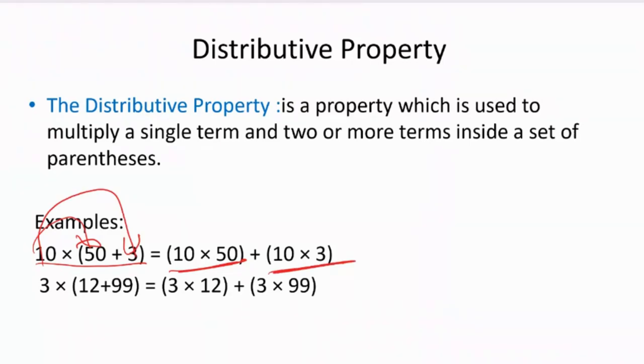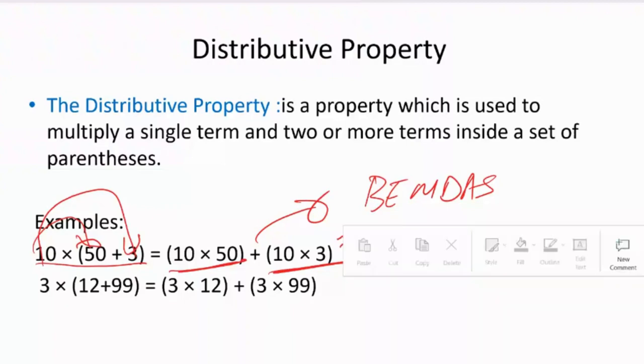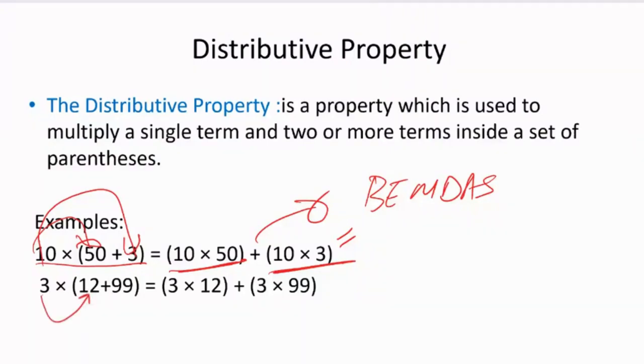From here, we apply this horrible PEMDAS. Can you see how these things are pulling each other together? If you were to solve here, you would apply PEMDAS. Okay. Here, distribute this one here, this will be an expression. Distribute this one here, this will be an expression.